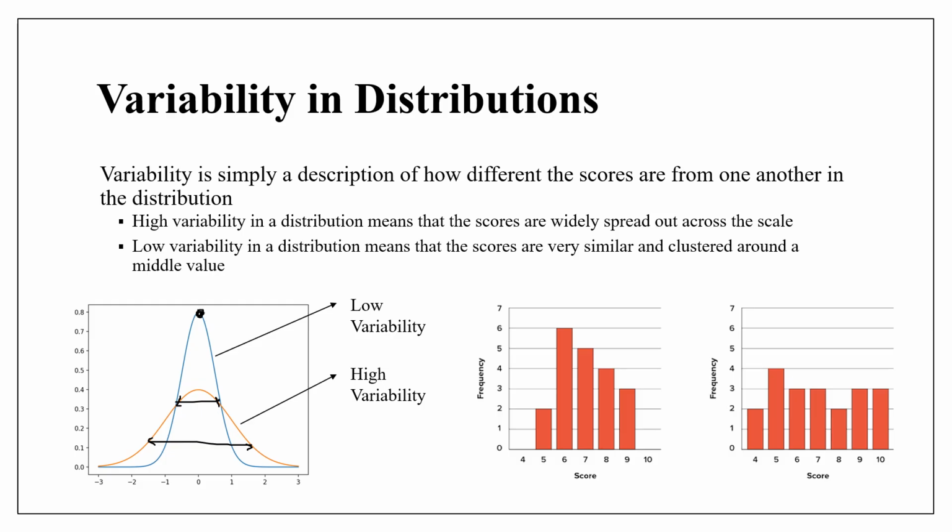Now, the widths are different, but I could still try to split them in halves, and they would be similar to each other, right? Now, we've talked in the past that the peak of the distribution is going to be the mean. So the mean is going to represent the most typical score in the distribution.